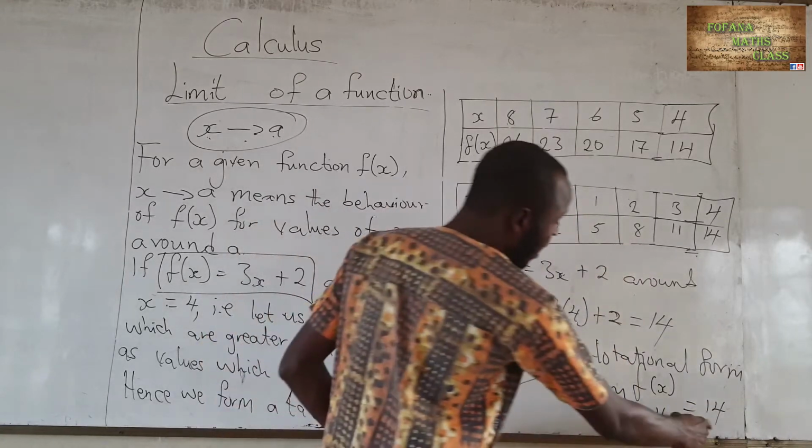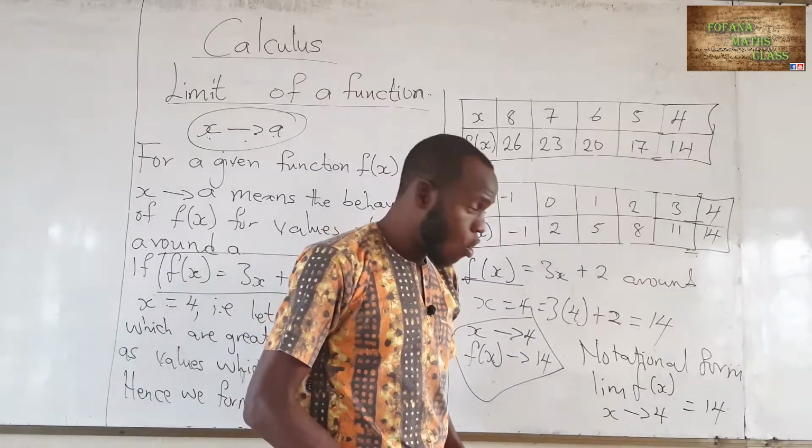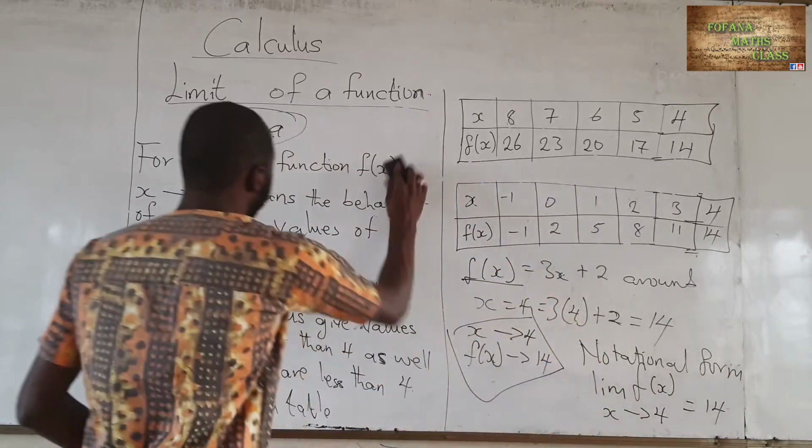So this 14 here is the limit of f of x as x approaches 4.